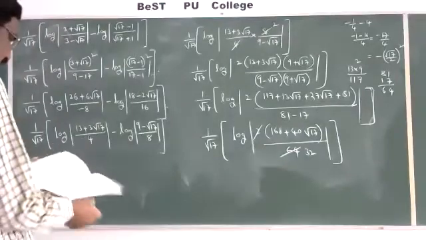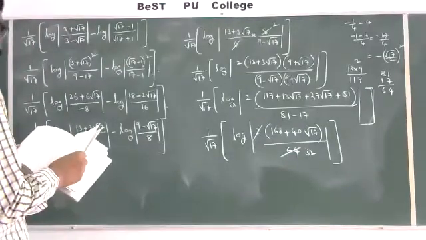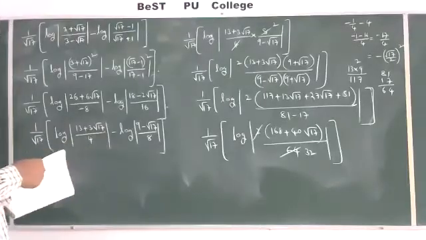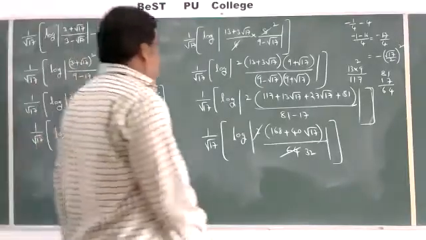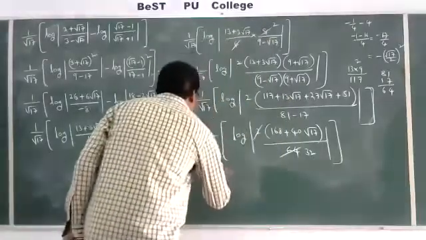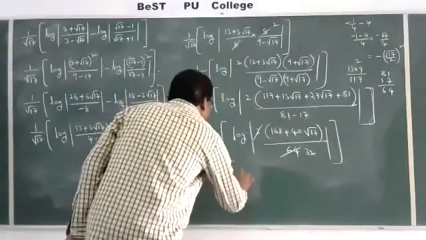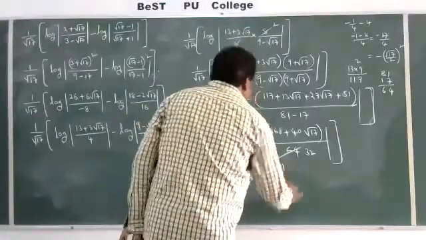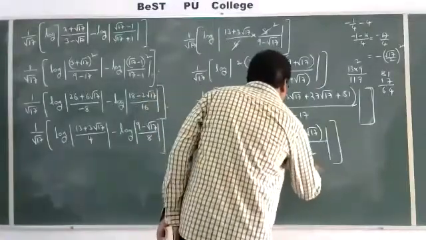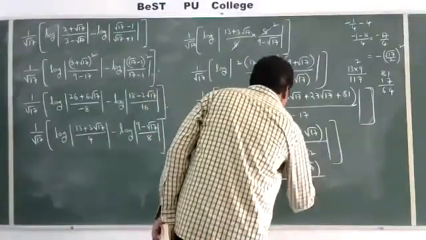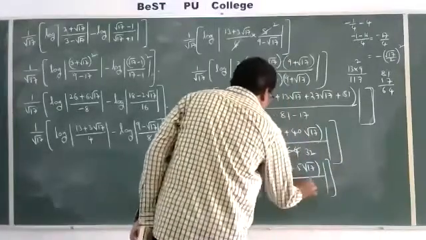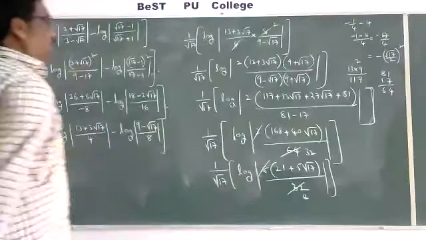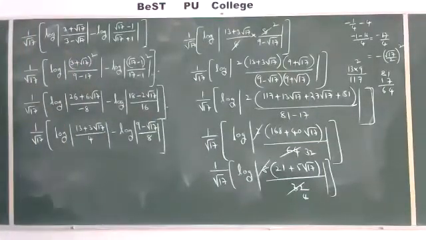What is the answer given? 21 plus 5 root 17. You take 8 common here. 1 by root 17 into log mod, you take 8 common here. 8 into 8, 2 16. 8 ones are 8, 5 root 17 by denominator 32. You get 8 fours are 32. You get the perfect answer: 1 by root 17 into log mod 21 plus 5 root 17 by 4.